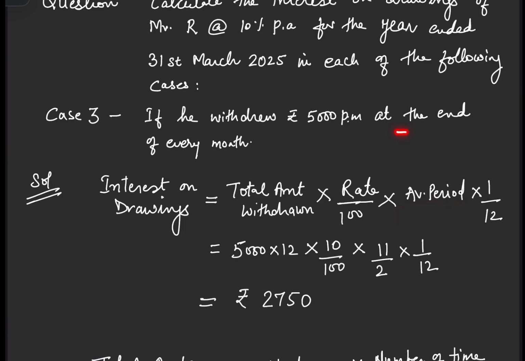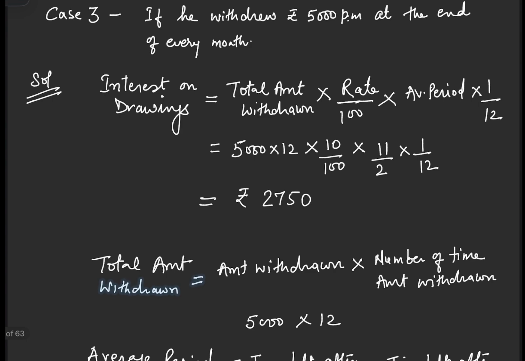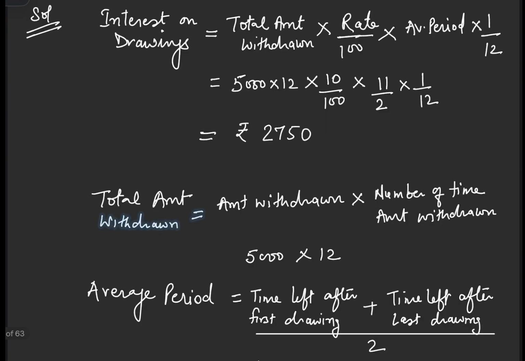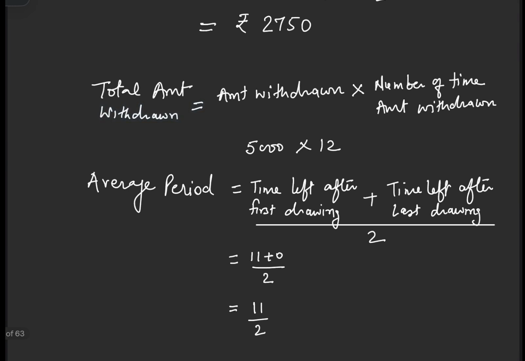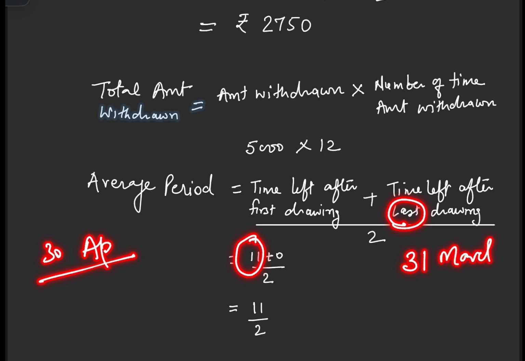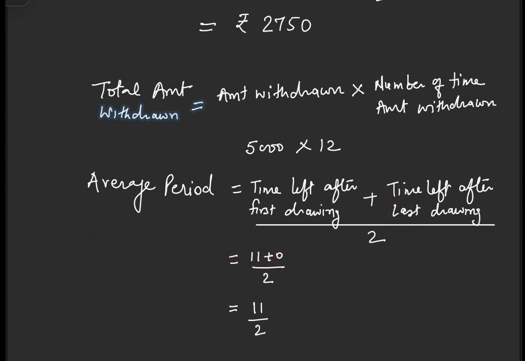To calculate the average period, let's begin. Since it is at the end of every month, we'll be withdrawing the money at the end of every month. Please check here that the first drawing will be made on 30th of April. So time left after 30th of April is 11 months, and the last drawing would have been made on 31st of March. So in this year, time left after withdrawing is 0.